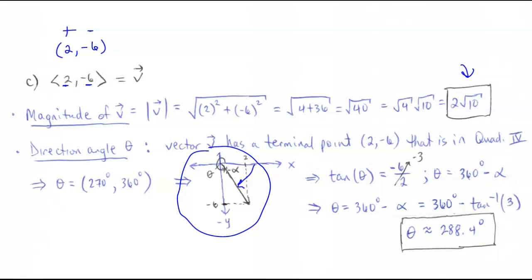And alpha, since it's a reference angle, is by definition an acute angle. It's just like if we were in quadrant 1 and I asked you what alpha is. We would say alpha is tan inverse of 6 divided by 2.